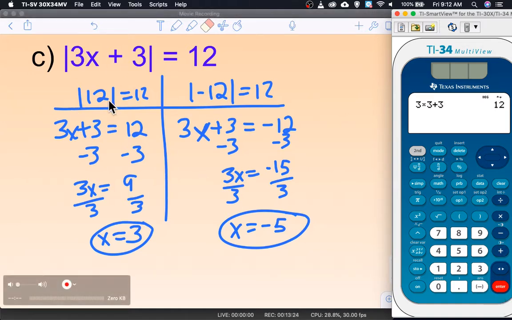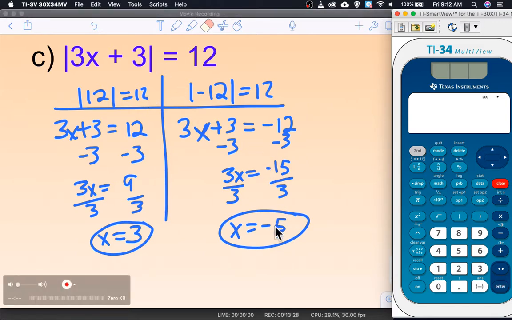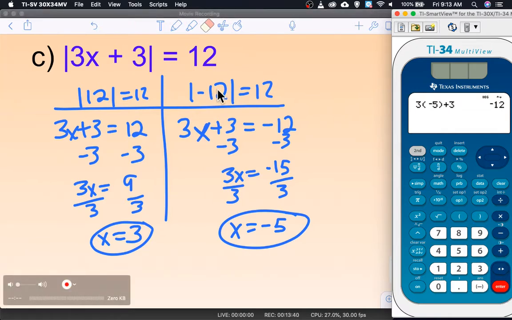And I know the absolute value of 12 is 12. So this one worked. On the other side, I want to show that when I plug in negative 5 for x, this stuff is negative 12. So 3 times negative 5 plus 3. Okay, it is negative 12, and the absolute value of negative 12 is 12.